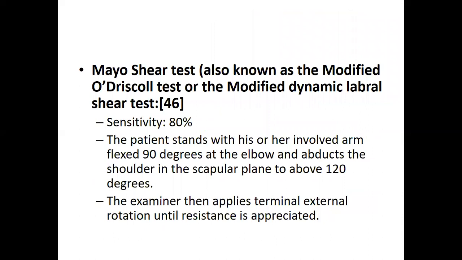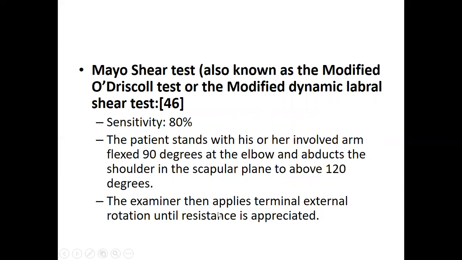The next test is the mimic shear test, which is also known as the modified Dynamic Labral Shear test. The sensitivity reported for this test is 80%. The patient stands with his or her involved arm flexed 90 degrees at the elbow and abducts the shoulder in the scapular plane to above 120 degrees.